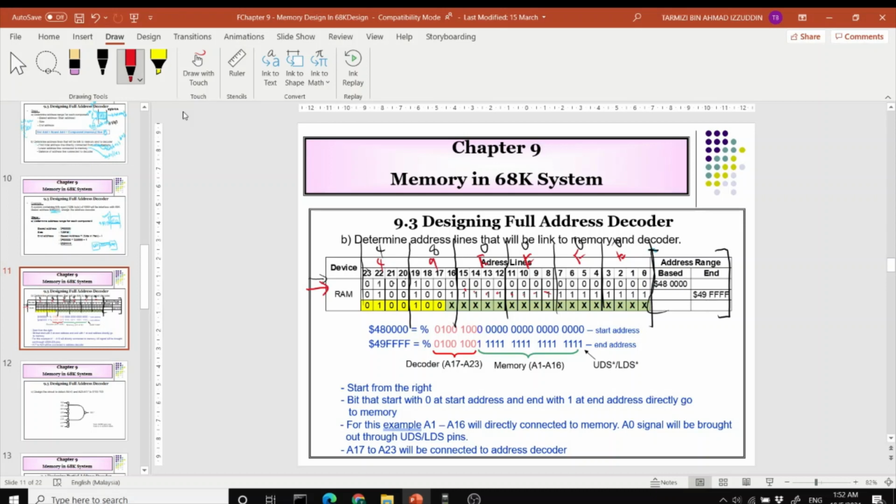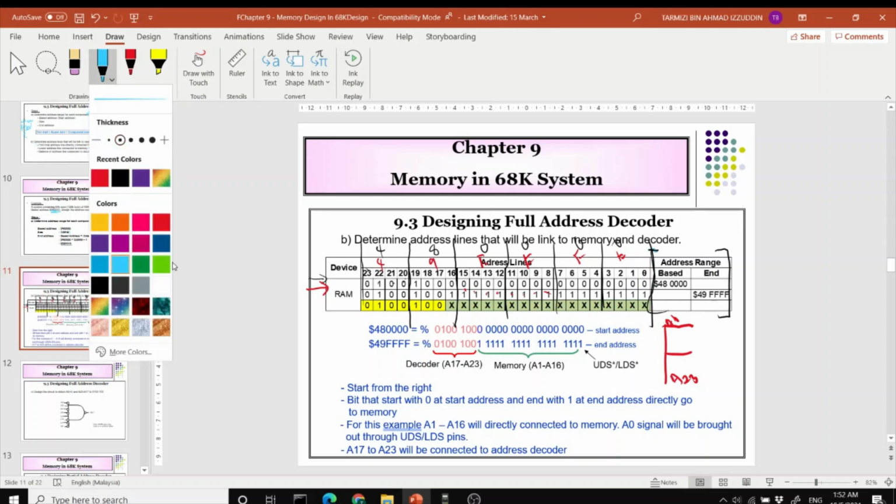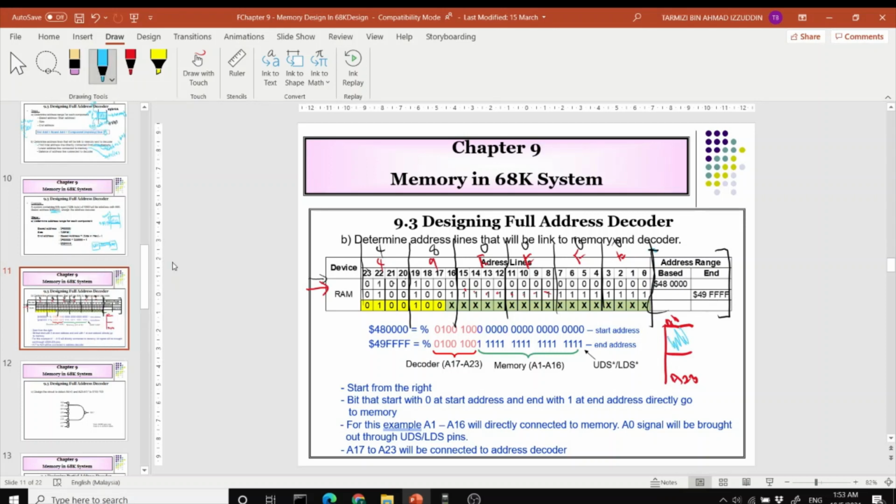So you can imagine that from A0 to A whatever, A23, 24 bit, some will be connected to the address bus, which directly goes to your RAM.